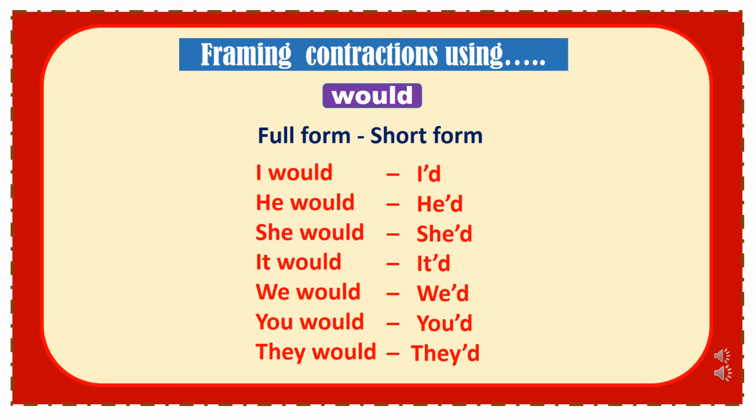Now we will use the word would and we will frame the contractions. First example, I would. I would is the full form. I'd is a short form. He would, he'd.